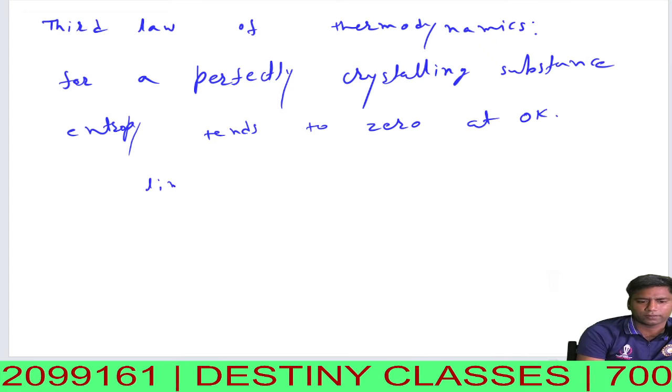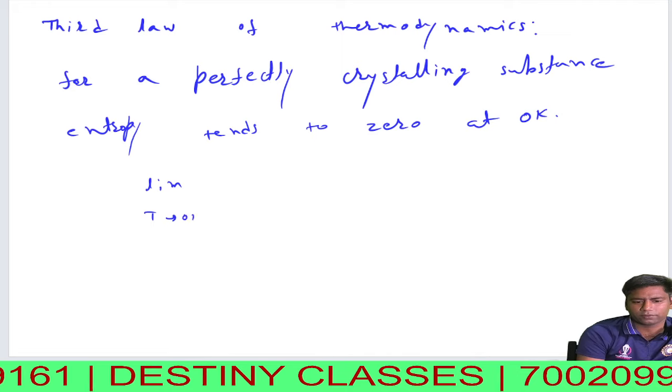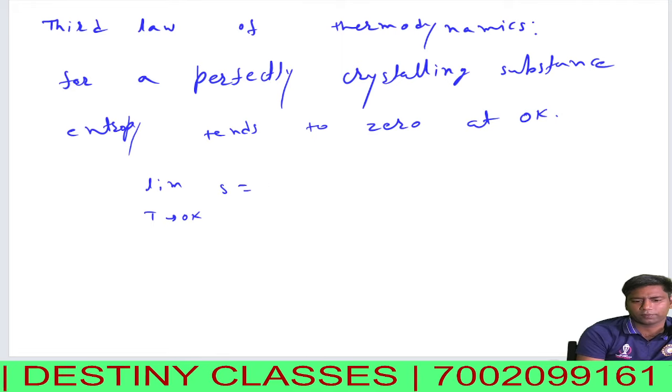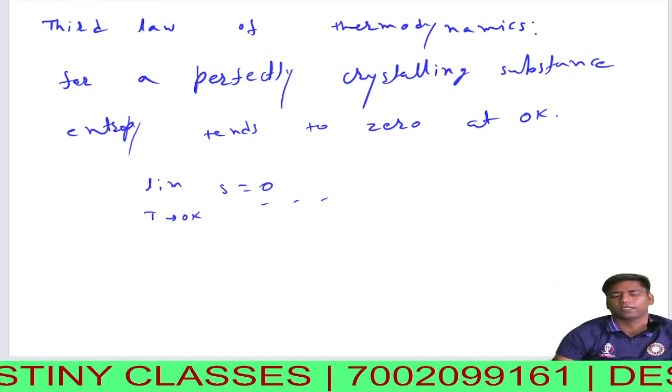So as T tends to 0 Kelvin, entropy is equal to 0 for a perfectly crystalline substance.